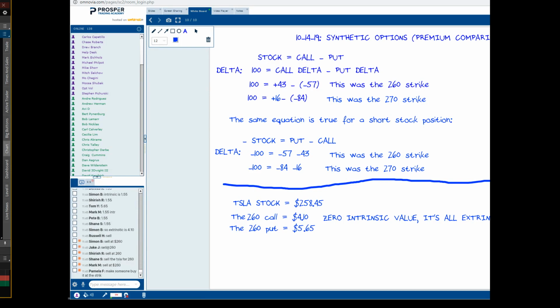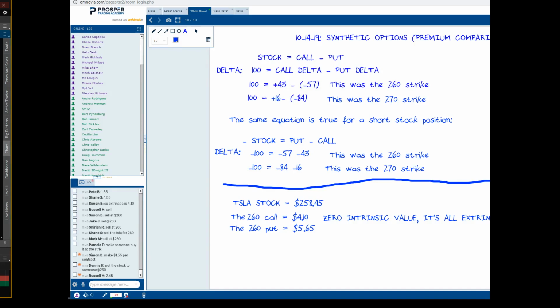Exactly. So if you are able to sell the stock at 260 and it's trading at 258.45 in the open market, the difference is how much? Exactly, $1.55. That is the intrinsic value.